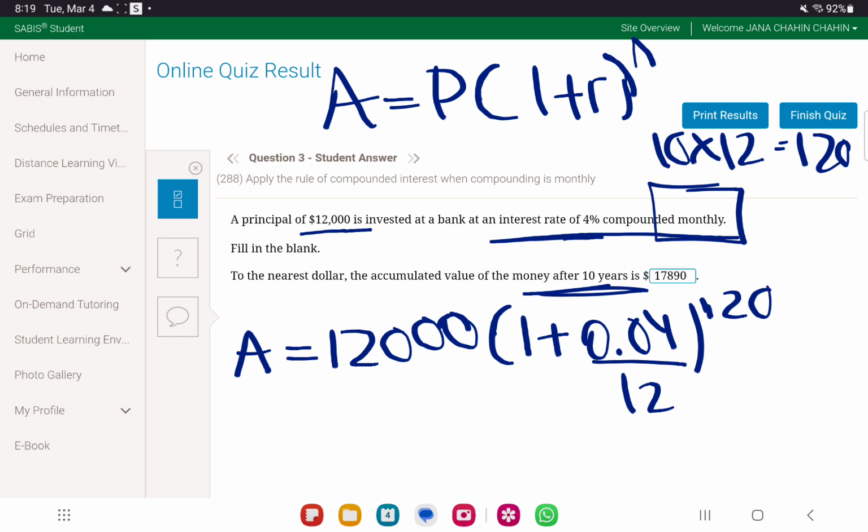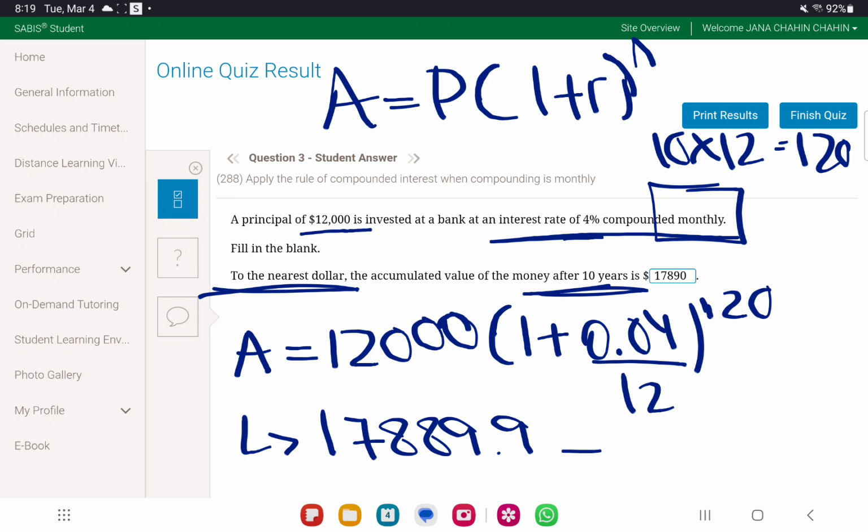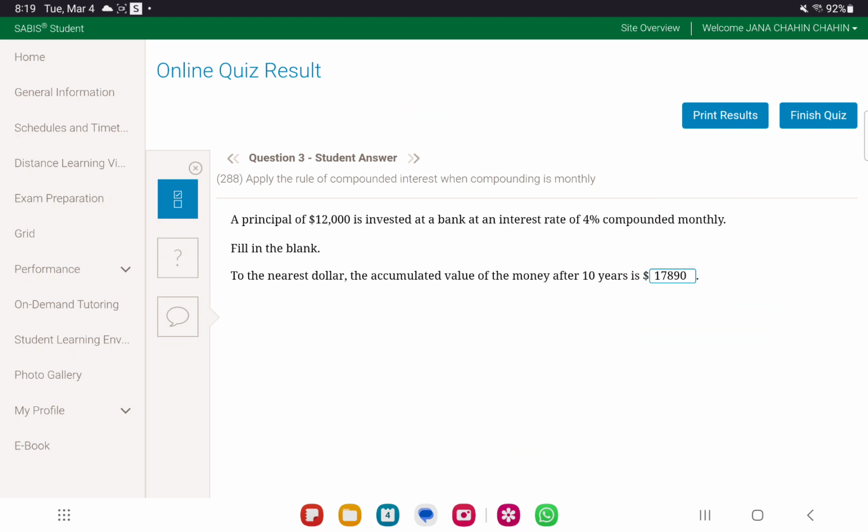Do this on your calculator: 12000 brackets 1 plus 0.04 over 12, then to the power of 120, and you get 17889.9. They said to the nearest dollar, so it goes to 17,890, and that is your answer.